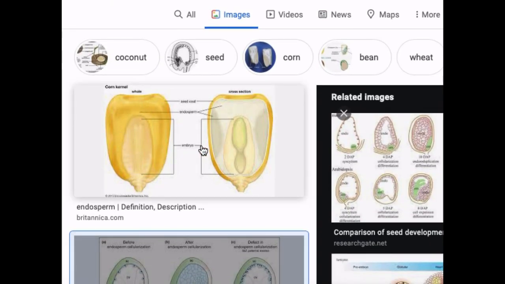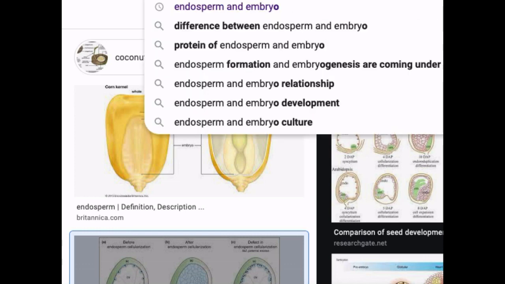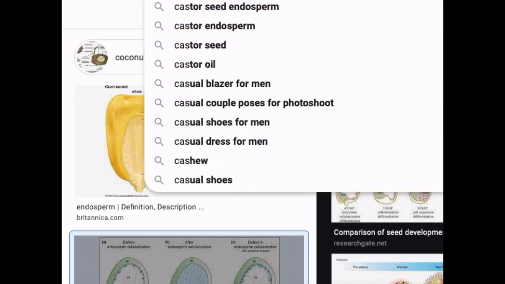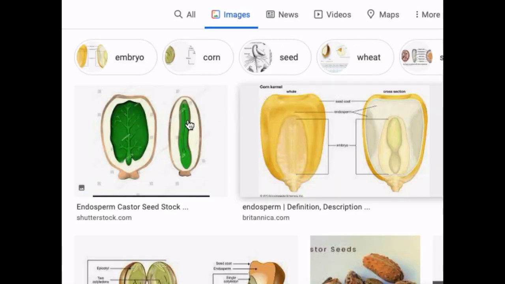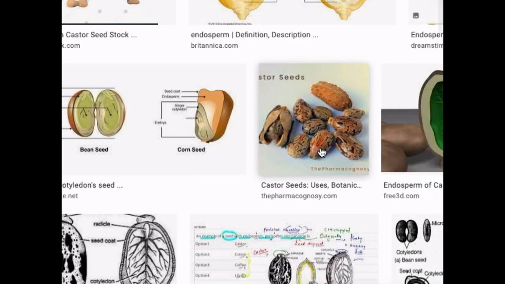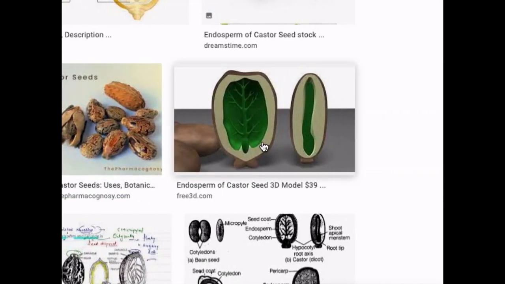So only in coconut and in castor, let me show you castor. Castor seeds, you can see the endosperm here.